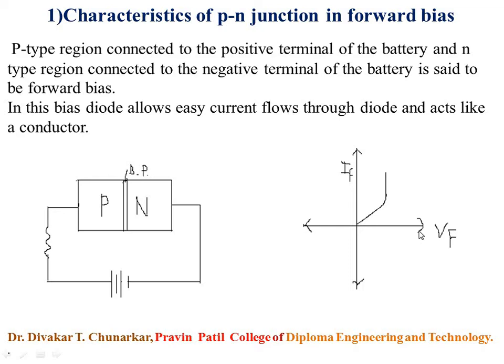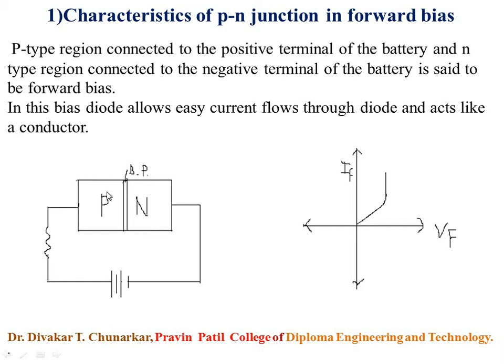This PN junction diode has two characteristics: number one, characteristics of PN junction diode in forward bias, and number two, characteristics of PN junction diode in reverse bias. So first we explain the characteristic of PN junction diode in forward bias.